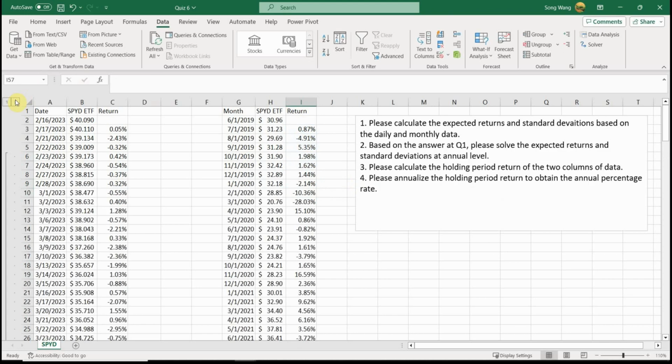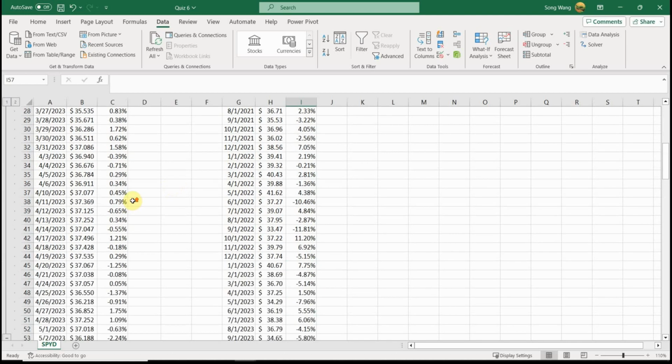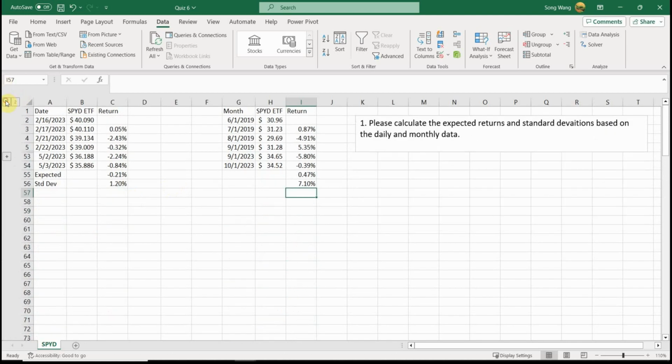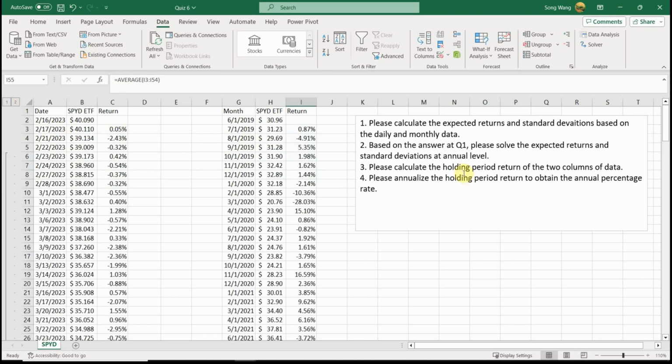You can see that no matter if I expand the view or shrink the view, the result is not affected, because the cells they use are not changed whether I expand or not.